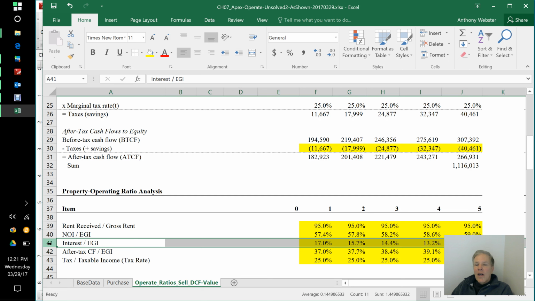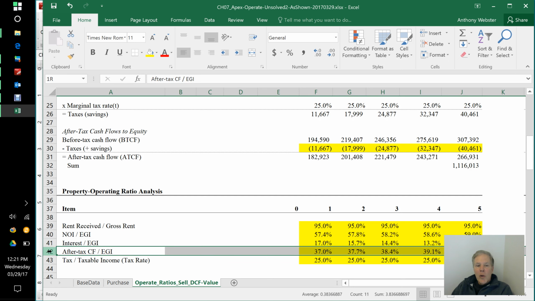The EGI is getting bigger each year and the interest is getting smaller each year. So I do expect that to decline for both of those reasons. And my after-tax cash flow over EGI should be increasing because, again, my expenses are increasing less rapidly at 7% than my gross rent and my EGI at 8%.